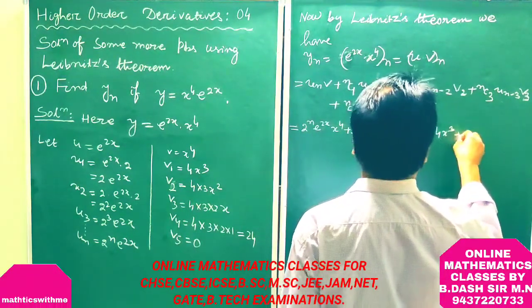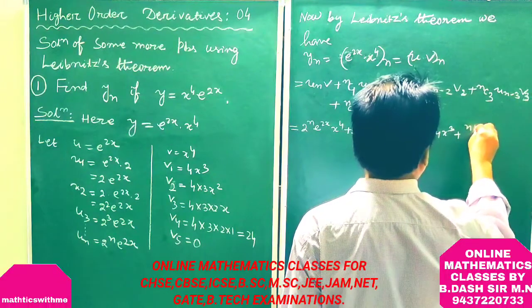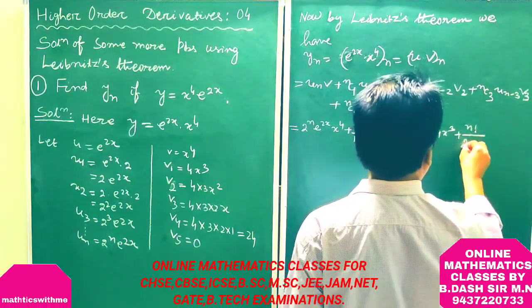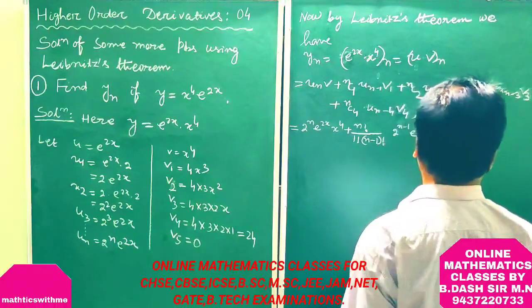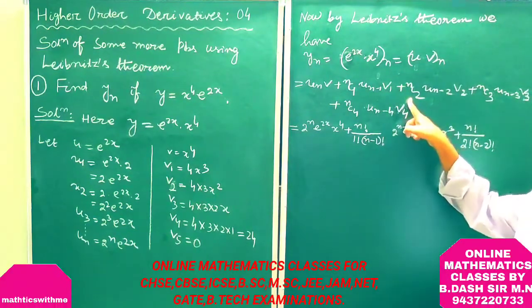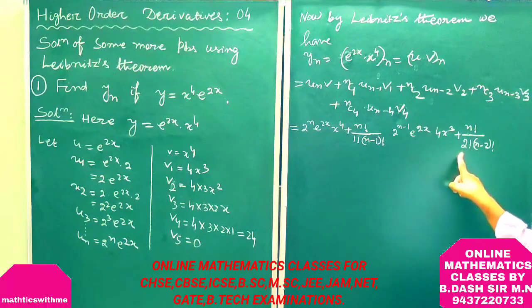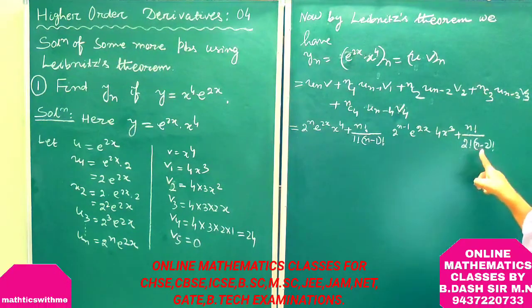Next, plus nc2, which is n factorial by 2 factorial n minus 2 factorial.